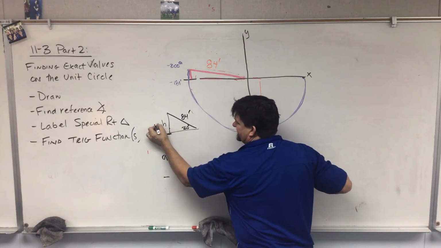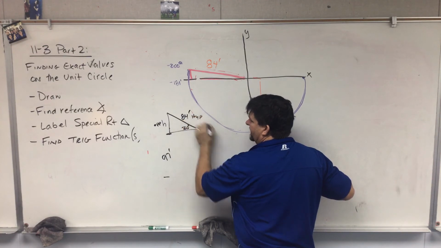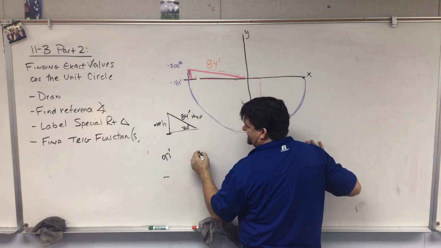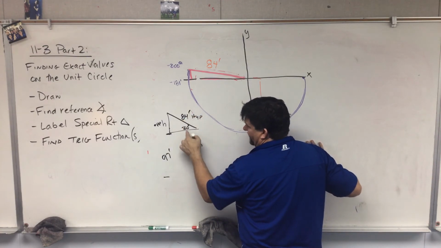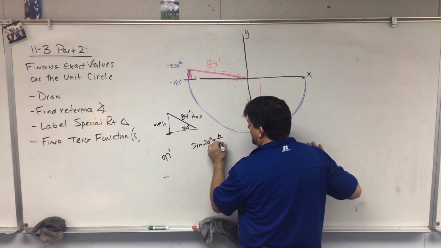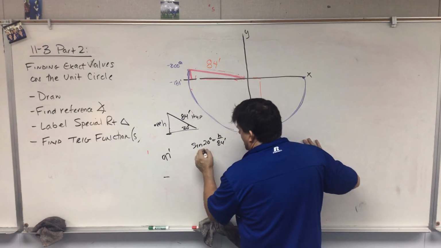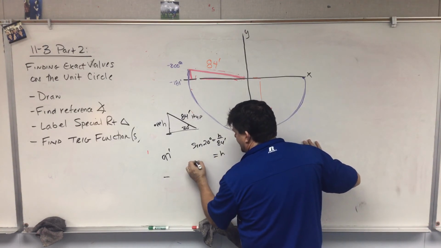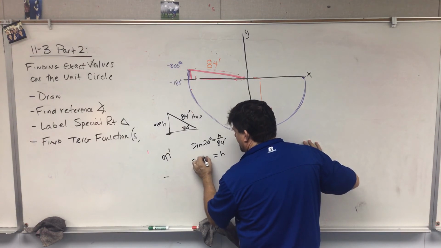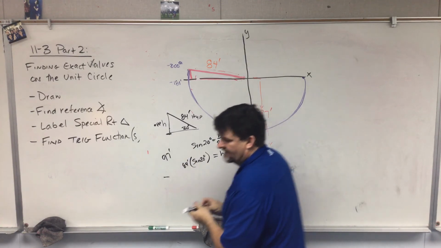So I have opposite over hypotenuse. If I have opposite over hypotenuse, that's sine. So I have the sine of 20 degrees equals h over 84 feet. If I work the math out here, sine of 20 degrees times 84 feet.